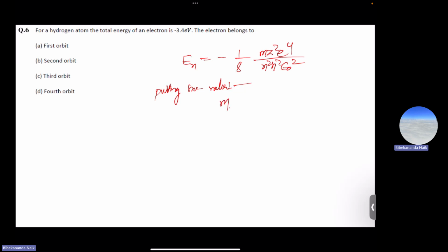m is the mass of electron, which is 9.1 into 10 to the power minus 31 kg. Z is 1 because it is for hydrogen. We are calculating the energy of electron for hydrogen atom. Then n we need to identify, because n will determine which level the electron belongs to.